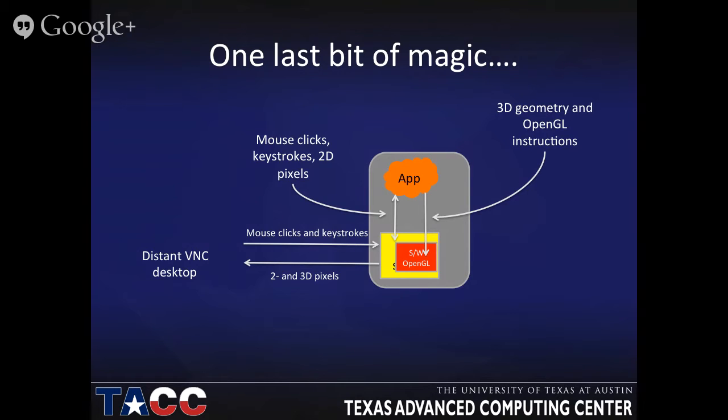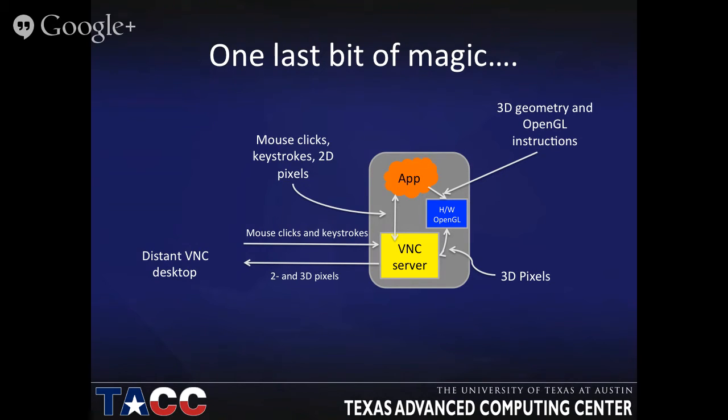Now, software rendering is way slow compared to hardware rendering, and each one of these nodes actually has a graphics card in it. So what we'd really like to do is be able to run those special 3D geometry and OpenGL instructions and send them to the OpenGL hardware rather than to a software version of OpenGL that's running inside the VNC server.